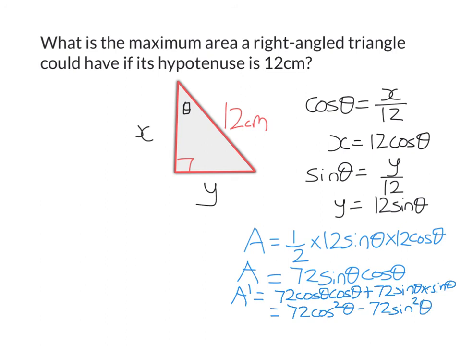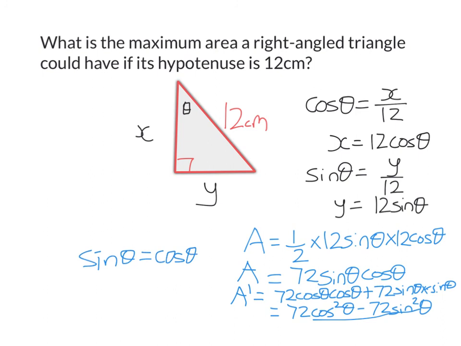I need this thing here to equal 0. So hopefully you can see the only way that this can equal 0 is if 72 cos squared theta equals 72 sine squared theta. Because I'm only looking for acute angles here, I want sine theta to equal cos theta.